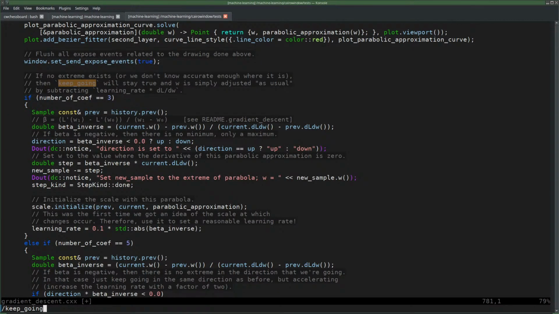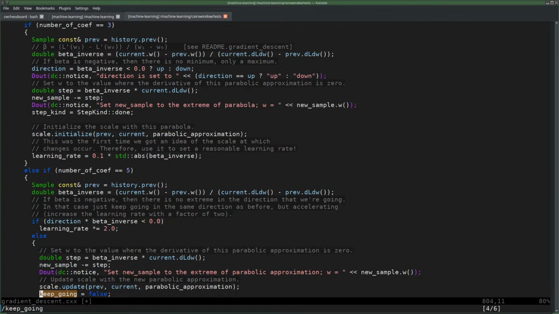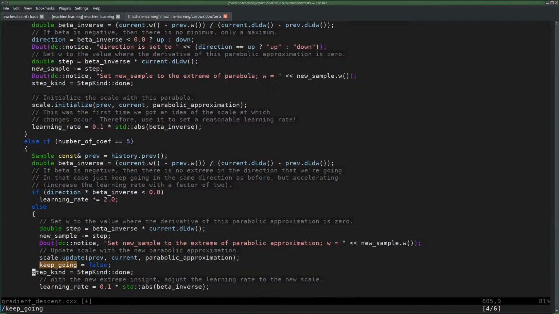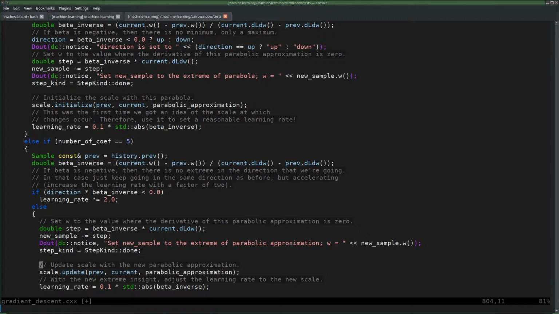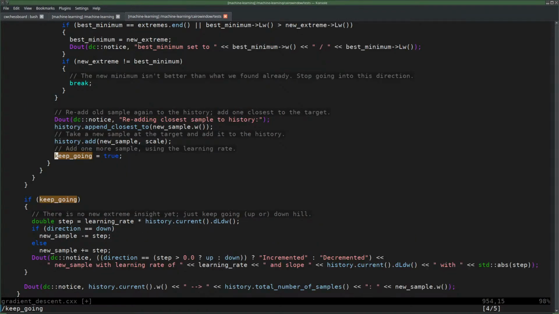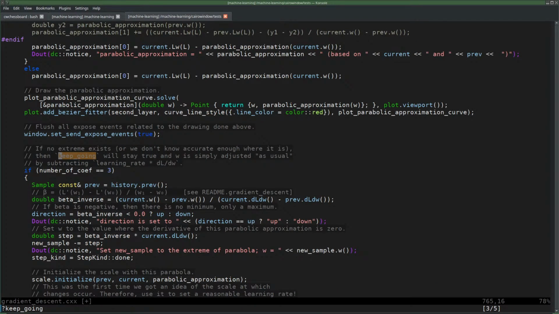And then I have another keep going. Wait a minute, let me first copy that line. Here's another one, which then also is moved up to there. And do I have another one? Well, actually, it's set to true there. That's interesting.